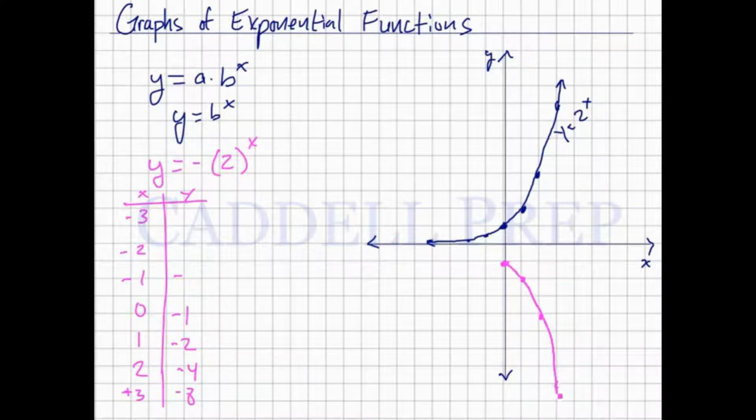So if we look at it, we see that it's a mirror image of this reflected over the x-axis. So we put negative 1 in here. We have negative 2 to negative 1. So negative 1 over 2, negative 1 half. And if we put negative 2 in here, we have negative 2 to the negative 2, which is negative 1 over 2 squared, negative 1/4.